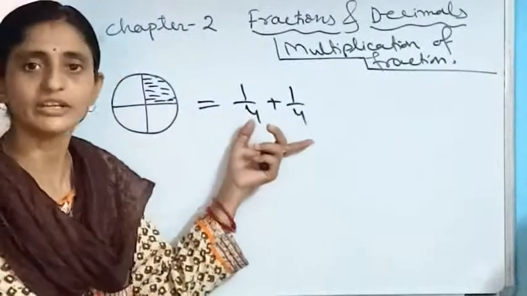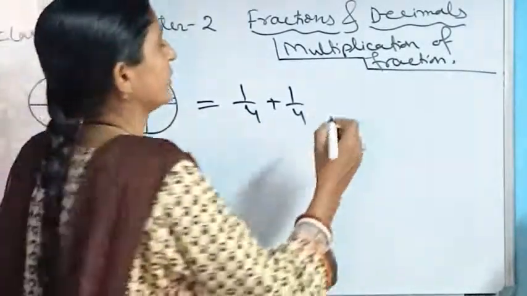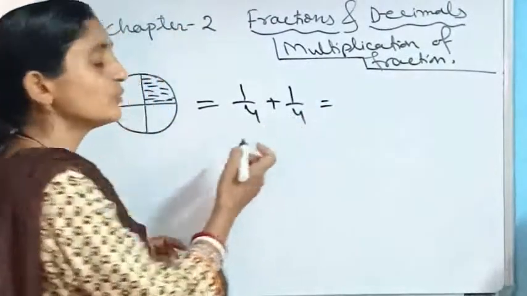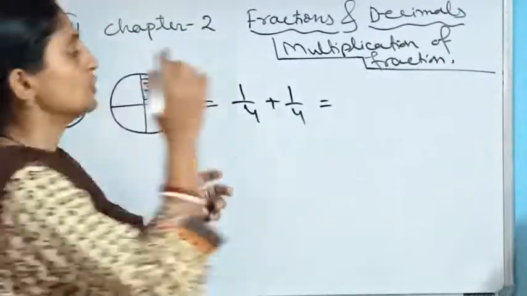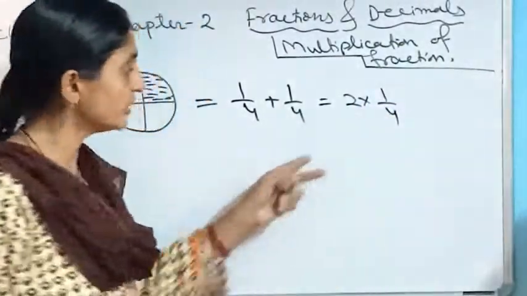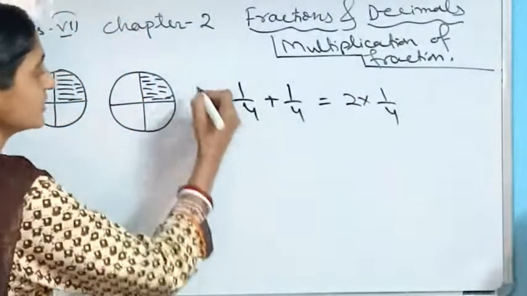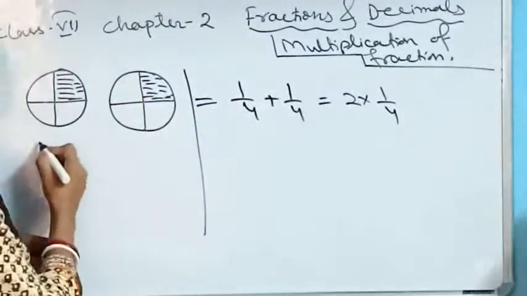So multiplication in that case can be told as repeated addition. If you are asked to present this in multiplication form, you can write, because 1/4 has been repeated 2 times, 2 into 1/4. With this I am presenting it in pictorial form also.